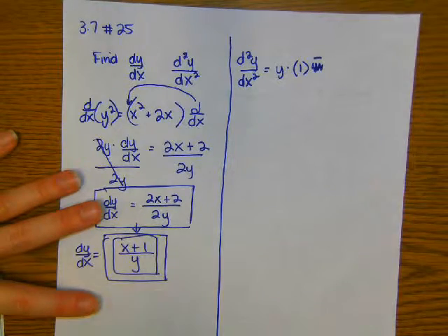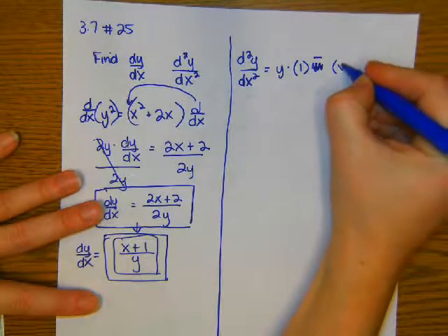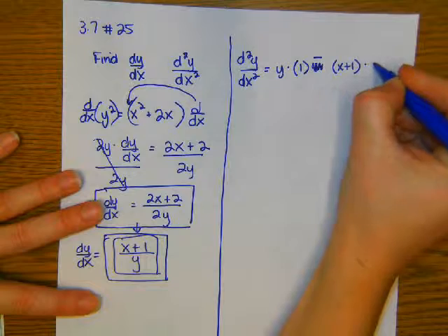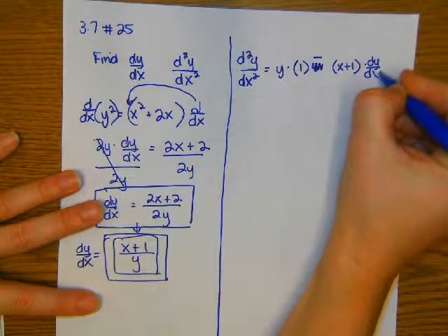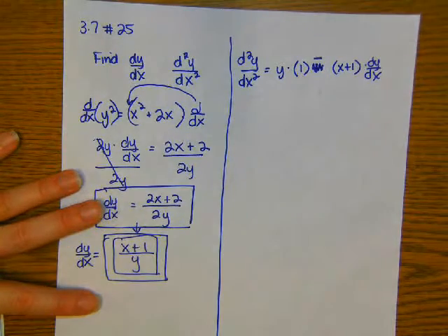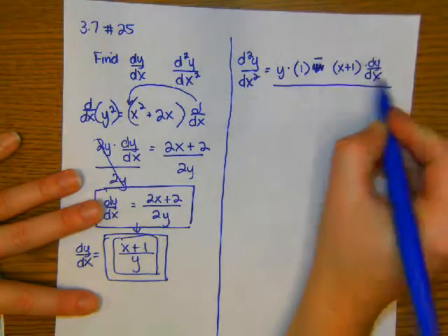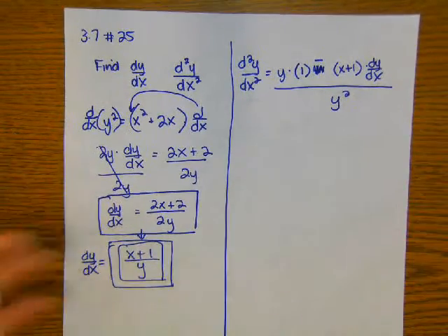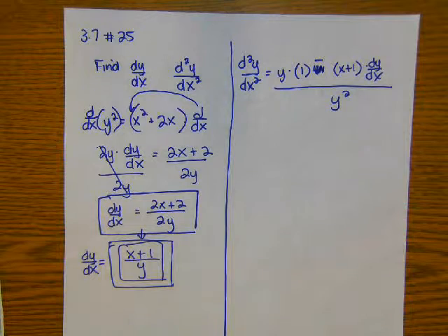So x plus 1 times the derivative of y, dy dx. In a second I'm going to plug that in. Square the bottom and away we go. I actually think there's going to be some benefit to him doing it that way, because it's going to be more simplified than this one.